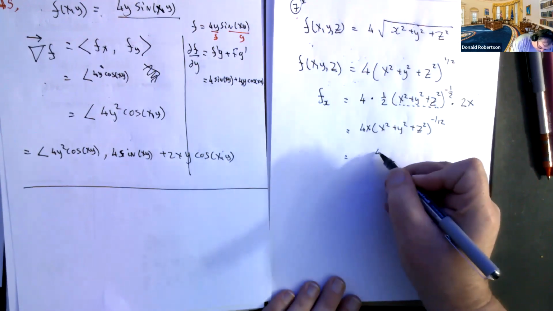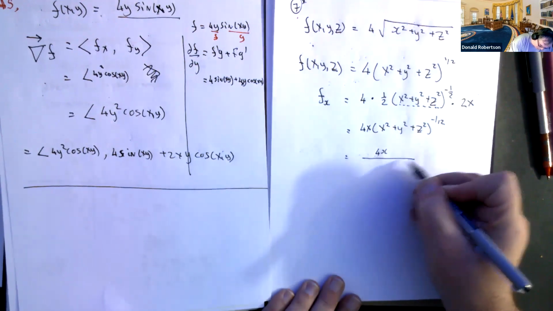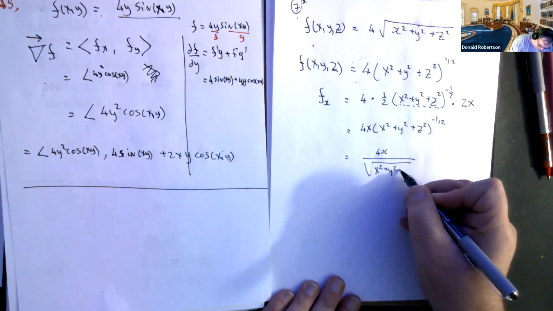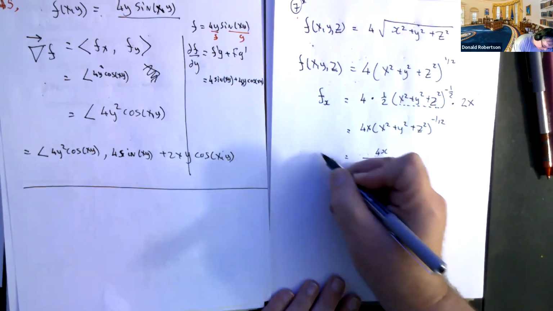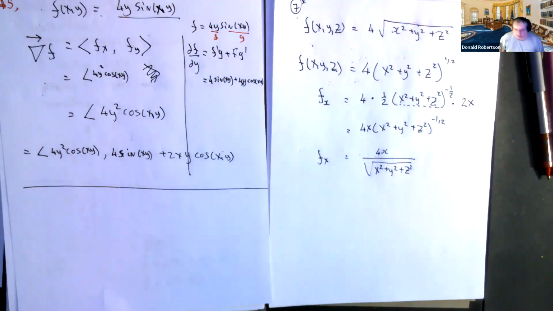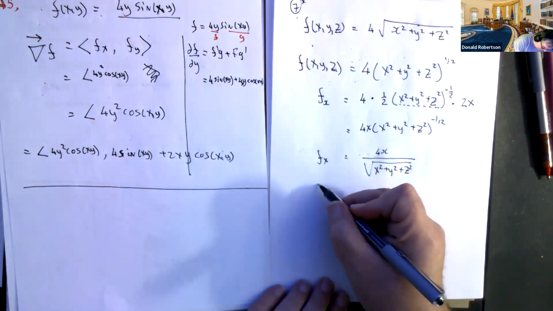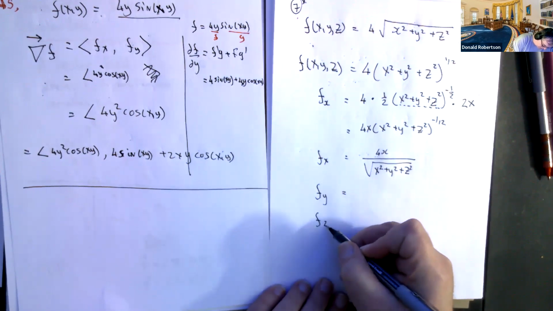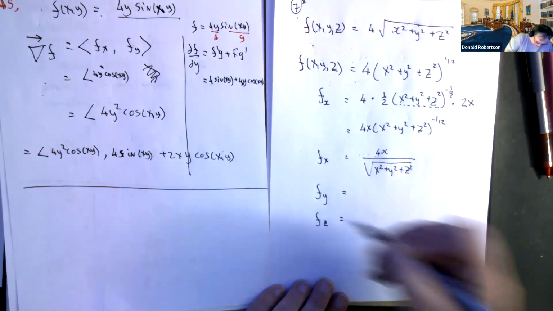And then for style points, okay. Cool, partial derivative with respect to x. Now, I do not need to do a lot of work to get the other two.